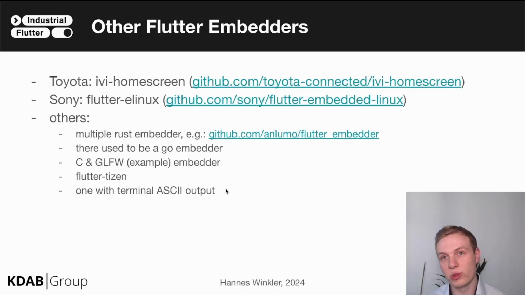It also has its own tool. And there's also an embedder by Sony. It's called Flutter Linux. Also has its own tool. And there are some other not as widely known embedders. There's a Rust embedder. There used to be a Go embedder for desktop. There are some example embedders. There's Flutter Tizen, and more.